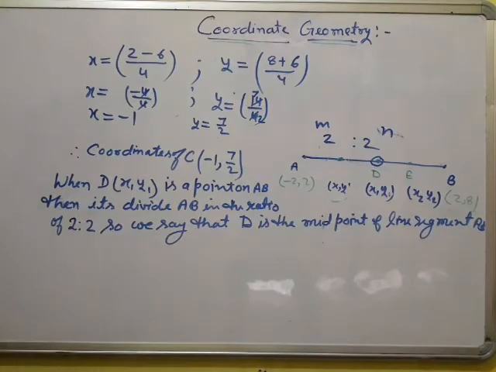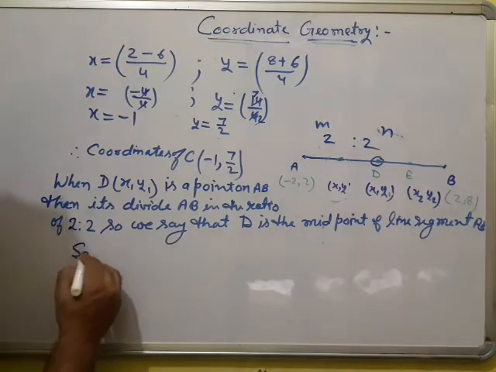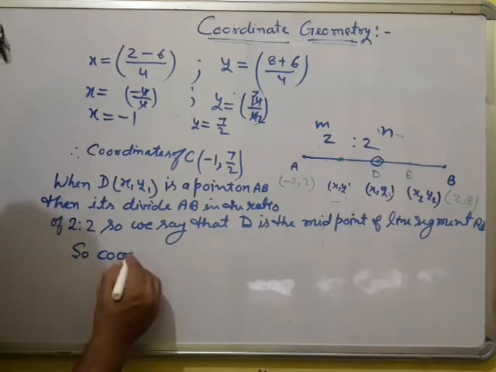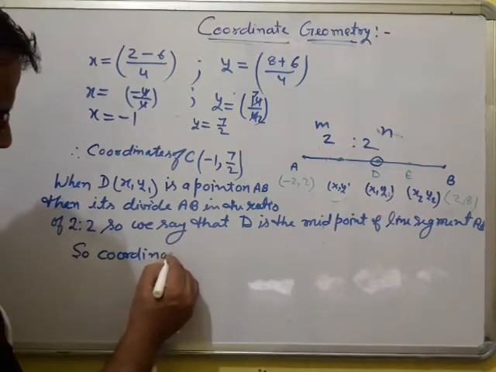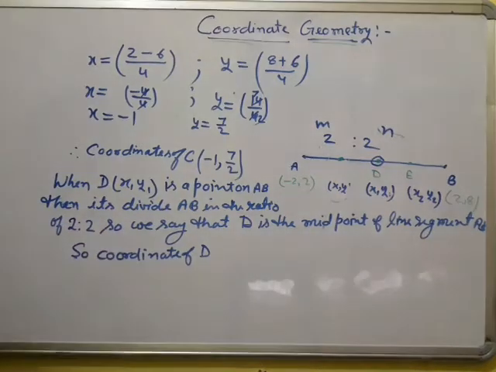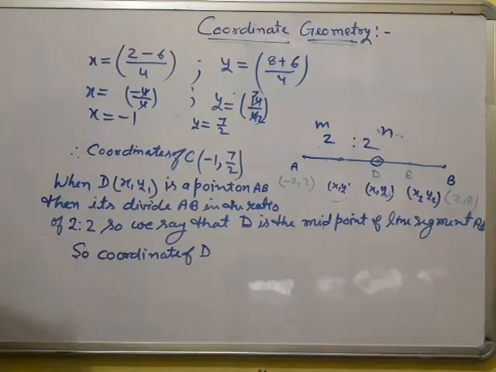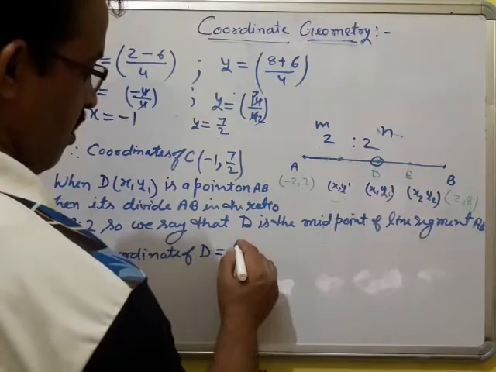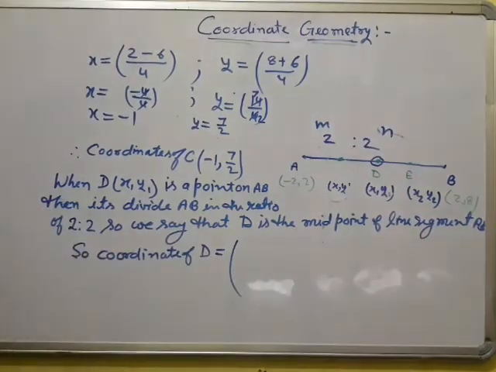Line segment of AB. तो the coordinates of D is equal to the midpoint, or midpoint formula we use here.